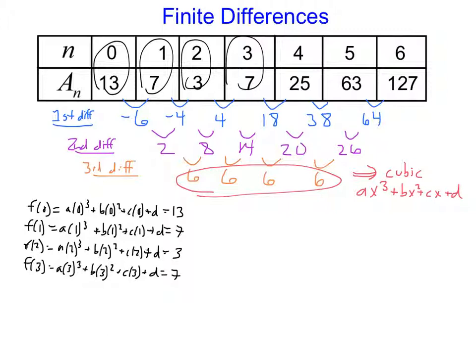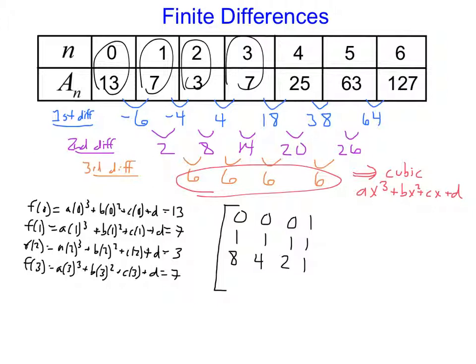But what we're going to do here is create a matrix equation with these coefficients. The leading coefficient of a is going to be 0, 0, 0, 1. Then I got 1 cubed, that's 1, so the next row is just a whole bunch of 1s. 2 cubed is 8, 2 squared is 4, then I got 2, and then 1.